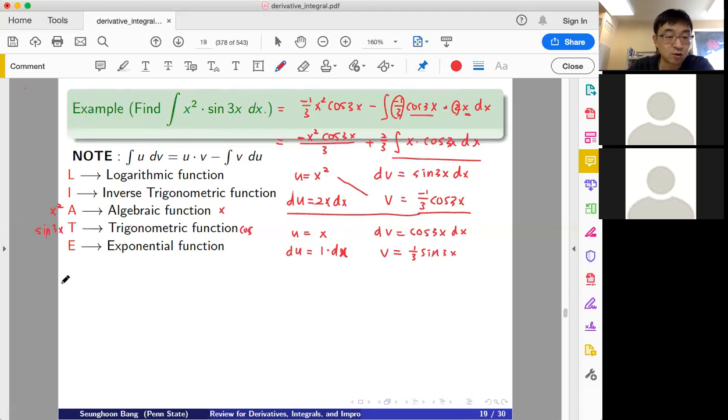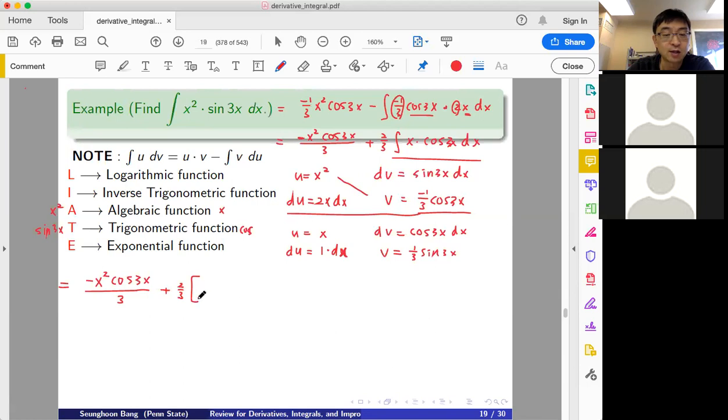So you can use this rule. You keep minus x squared cosine 3x over 3 plus keep 2/3.